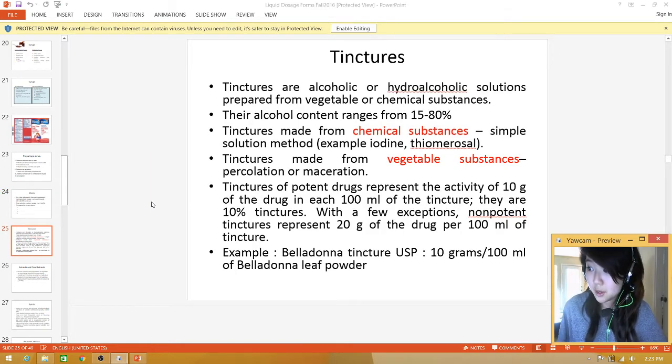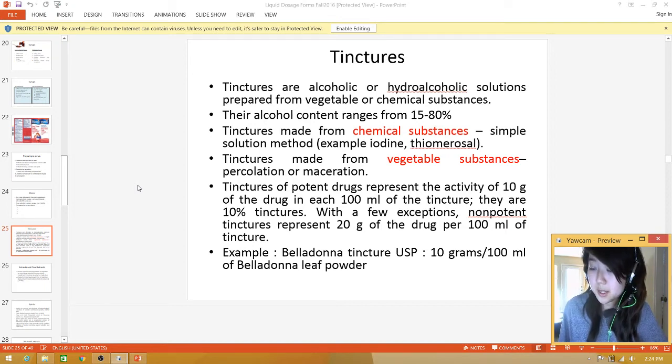Tinctures are alcoholic or hydroalcoholic solutions prepared from vegetable or chemical substances with an alcohol content range of 15 to 80%. So tinctures made from chemical substances are made by using the simple solution method. For example, dissolving iodine into 80% alcohol would give you a tincture.